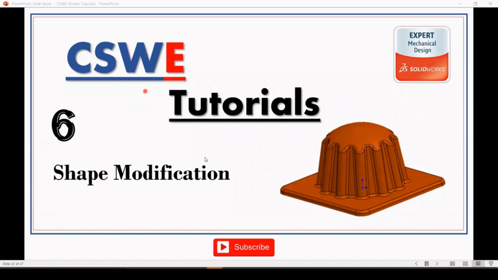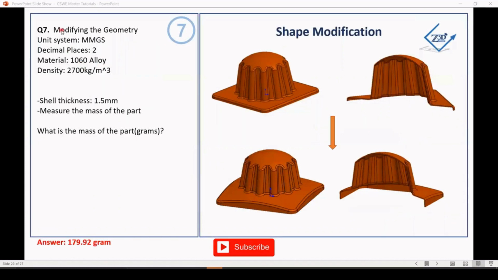Moving to question 7, we have to modify the geometry. Shell thickness here is 1.5 mm. Measure the mass of the part. The image is shown on the right side, you can check with the image also. We have to measure the mass, and the unit of mass is in grams.